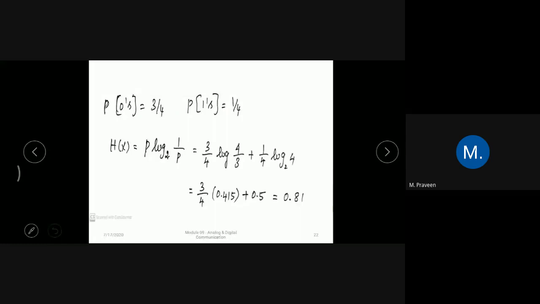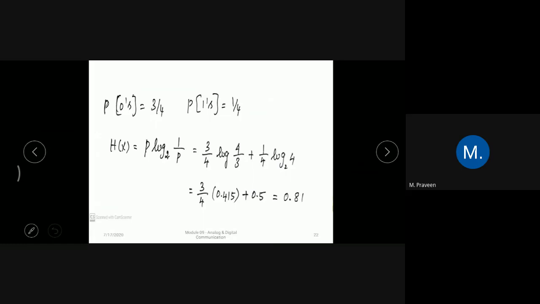There are two different events here, the occurrence of 0 and the occurrence of 1. First I take zeros: 3 by 4 log of 1 by 3 by 4, which becomes 4 by 3, plus the second possible event, 1s: the probability is 1 by 4, log of 1 by 1 by 4, which is nothing but 4.